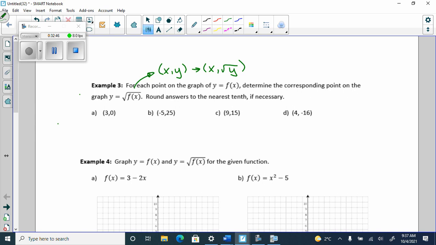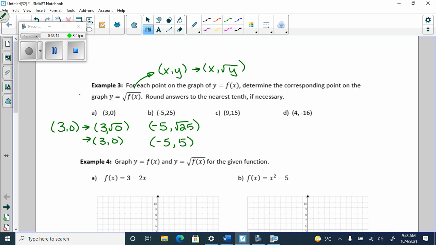So we're going to get (3, 0) becomes (3, root 0), which is actually just (3, 0). So it actually is an invariant point, correct? You do B, C, and D. So here we're going to get (negative 5, root 25), which is (negative 5, 5). Oh my gosh, I do what the grade 10s do all the time.